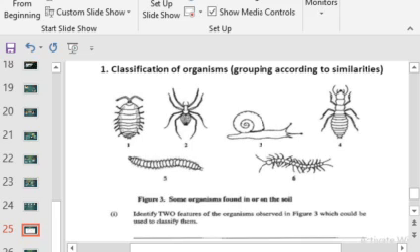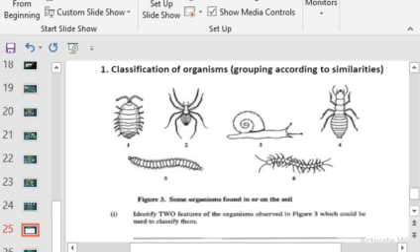If I were the one answering this question in the examination, I would right away know that organisms 1, 2, 4, 5, 6 would be part of the phylum arthropoda. And organism 3, which appears to be a slug, will be part of the phylum mollusca.